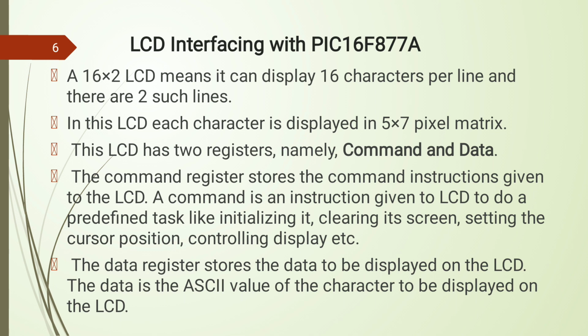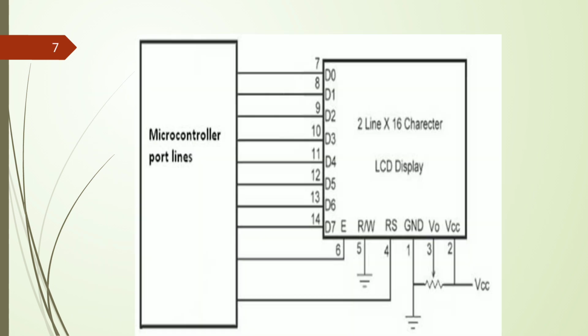Okay, so we'll discuss a basic interfacing diagram of LCD 16 by 2 with the microcontroller. Here the microcontroller we use is PIC16F877A, and for this 16 by 2 LCD a total of 16 pins are there.